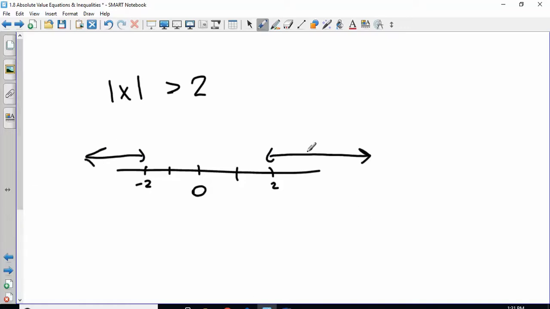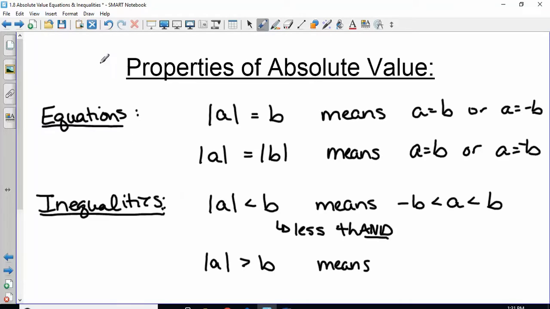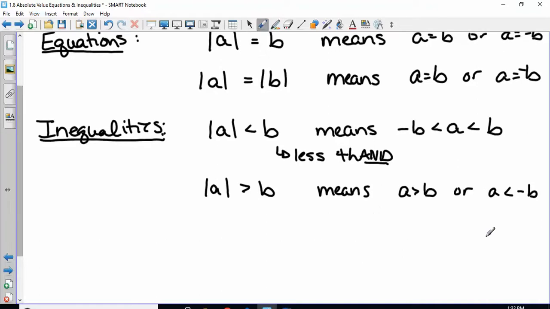Both of those are more than 2 away. So in this case, we have A is greater than B, or A is less than the opposite of B. When you do the negative one, you flip that inequality.